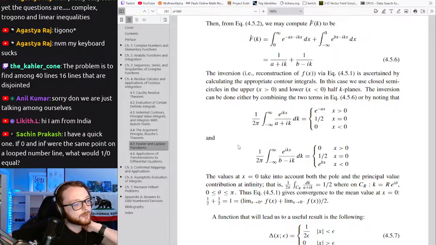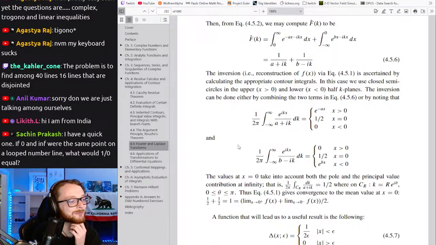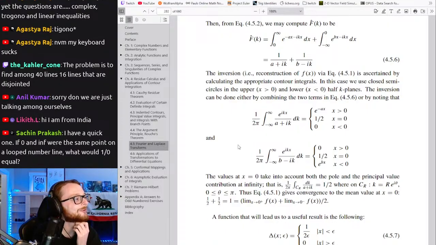If 0 and infinity were at the same point on a looped number line, what would 1 over 0 equal? Well, is that a quick question?